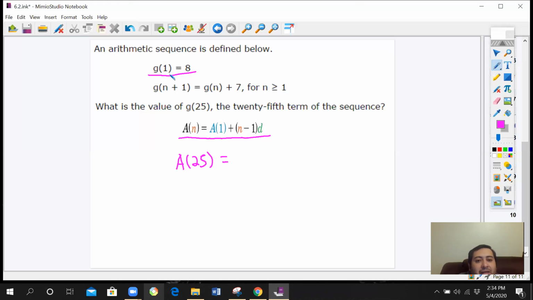Our A1 in this case is going to be G1, which is 8, plus the N, which is 25, minus 1. The difference here, if you remember, this is your D, so you're going to have a positive 7. So here you're going to have 8 plus 24 times 7.